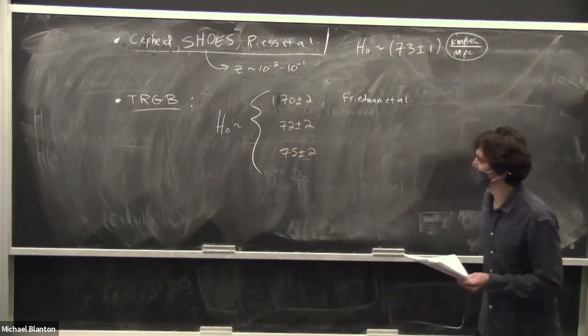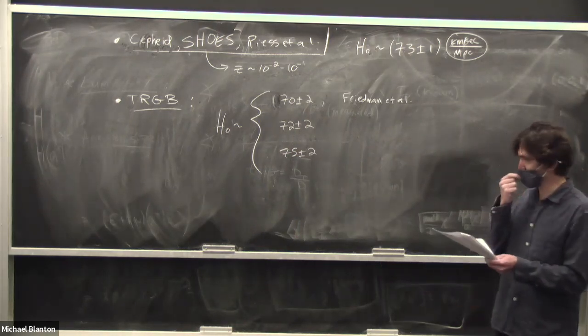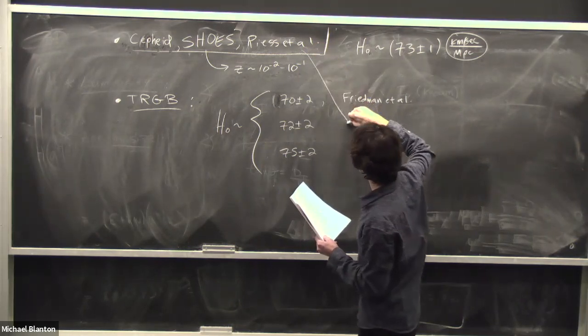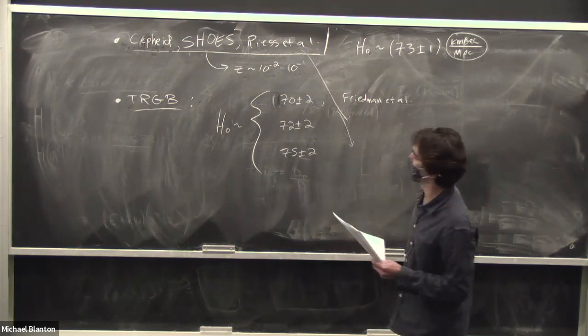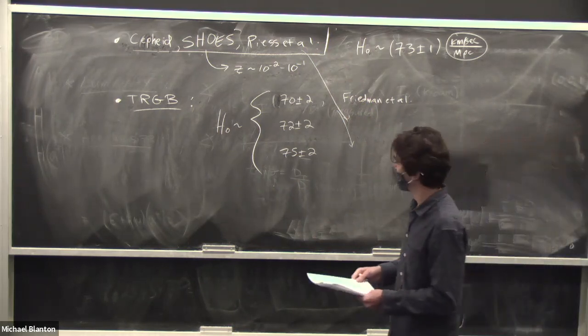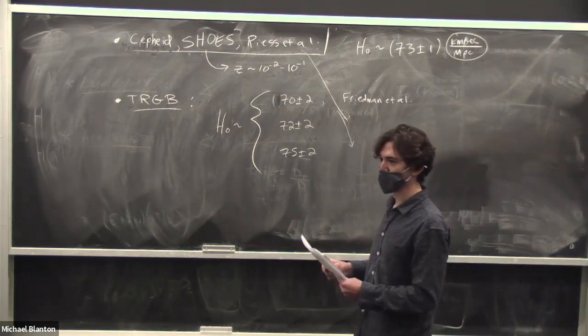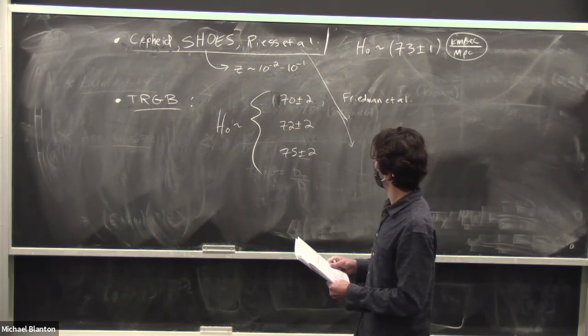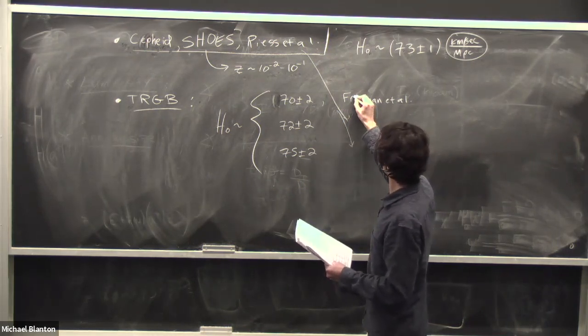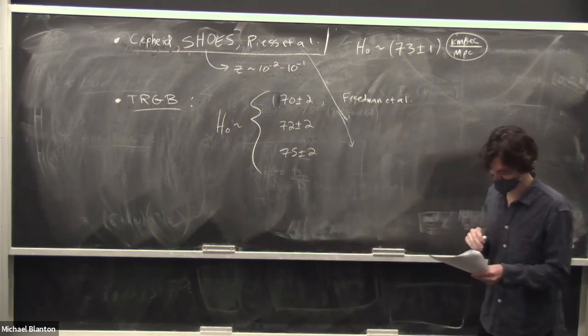There's another analysis that gets 75 plus or minus 2 with these same objects. Perhaps not surprisingly, these analyses are slightly correlated, with this author list here. By the way, I think it's Freedman, the Chicago group. Yeah, right. Sorry.